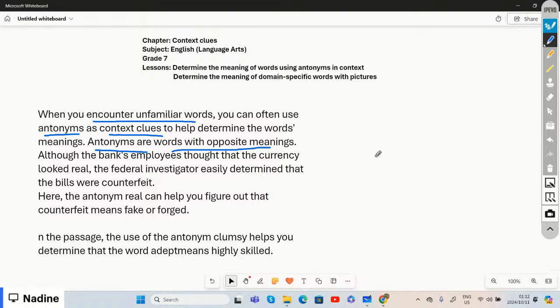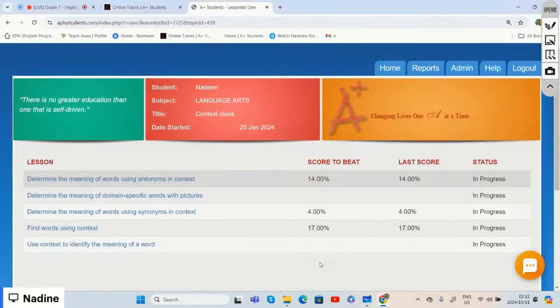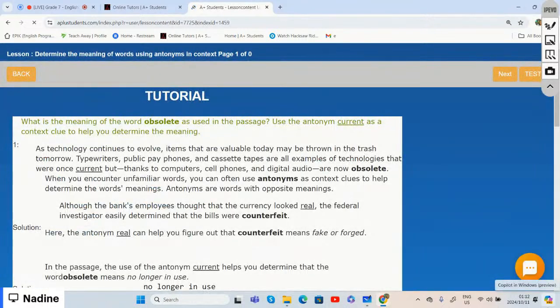All right, so now we're going to go to aplusstudents.ca, and we are going to determine the meaning of the words using antonyms in context.